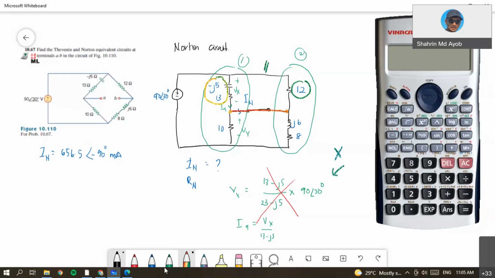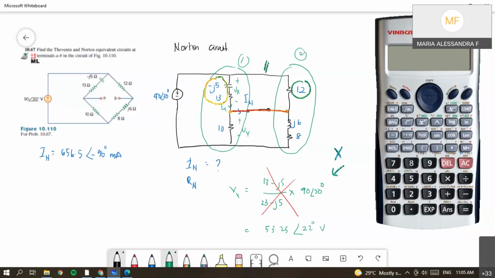So let's say, for example, can you calculate for me what is the value of Vx when using this voltage division technique? Can someone calculate it, or maybe share your answer? If not mistaken, it's around 53.25 and 22 degrees.